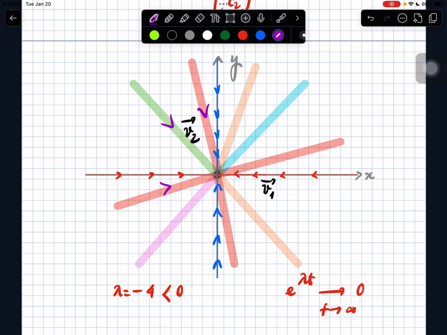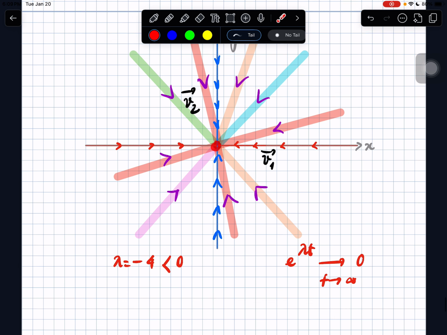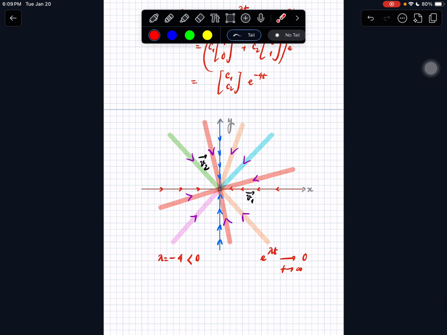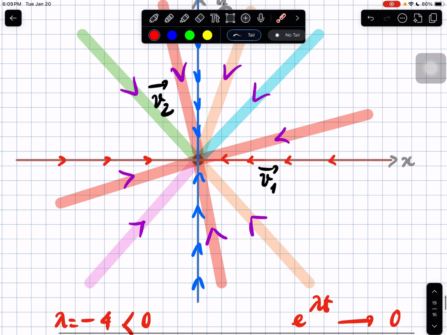We have a sink. The origin is a sink. It's a nodal sink in this case, and it is stable. And it's proper too. It is even asymptotically stable, because suppose we start here, eventually we'll move toward the origin.